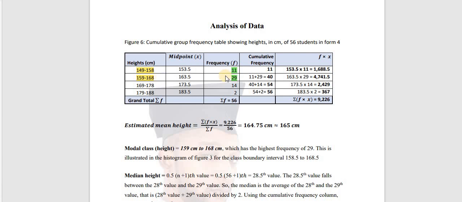But are we saying just 29 students only? No. All the students combined here is 40 students. But what I'm saying is the 12th student to the 29th student will be in this category.